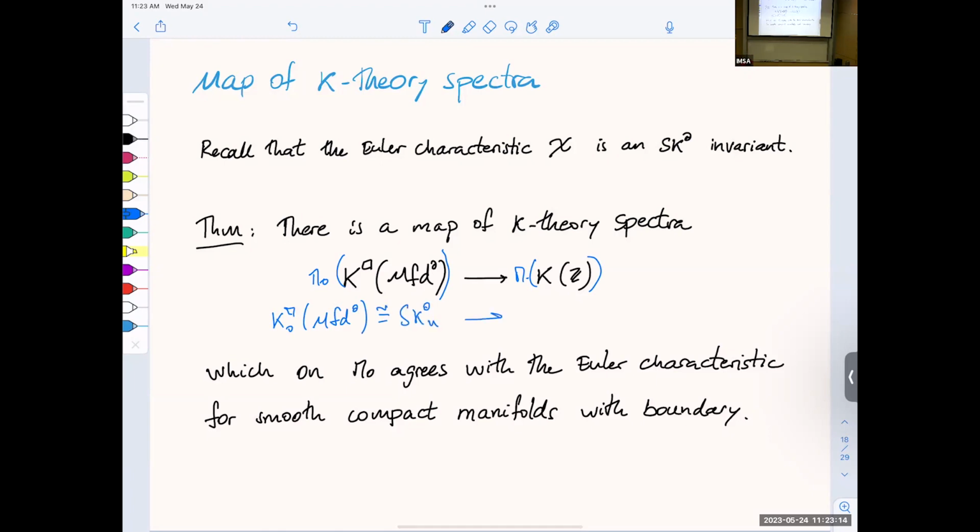And on this side, we get C, and this is detected by the Euler characteristic. That's not an isomorphism, but it does detect the Euler characteristic. So as I said on the slide, on pi naught, the maps agree with the Euler characteristic for smooth manifolds with boundary.